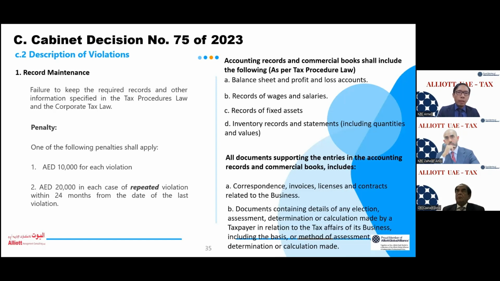It's also related to the computation, or the decisions that we're going to make. For example, elections. There will be several elections, of course. I think we have discussed that in the previous webinars. For example, if you are in a free zone, and there's an option for you to be subjected to corporate tax in the mainland, what will be your supporting documents for that particular election?